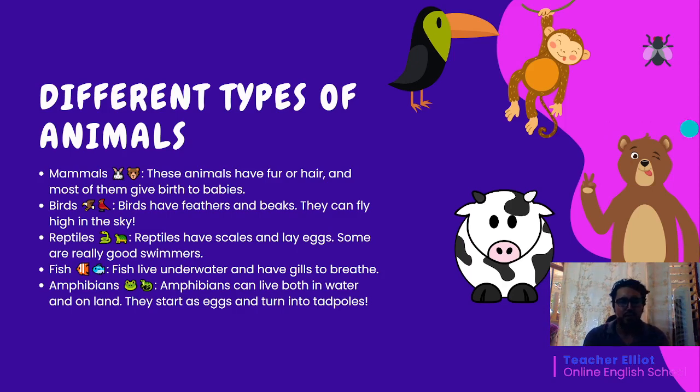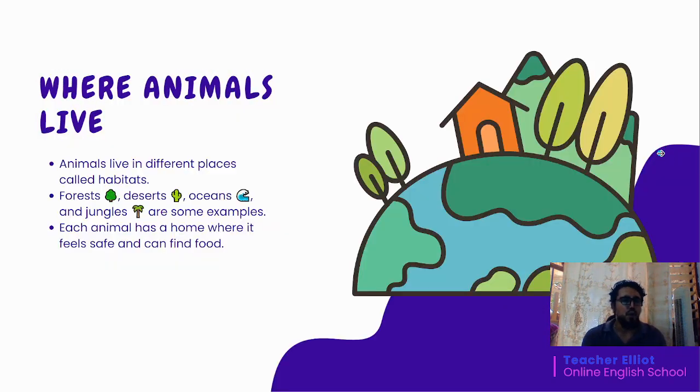Okay, good. So now, where do animals live? We, as human beings, have our homes. For example, I live in my home. You live with your parents in your homes. And the animals have different homes where they can live. For example, the forests, where there are a lot of trees. The deserts, where we are not able to identify a lot of trees.